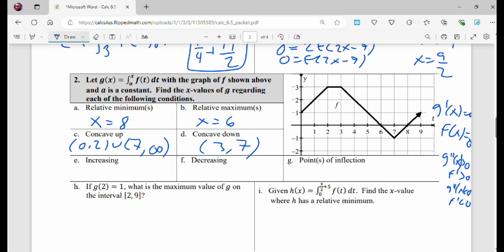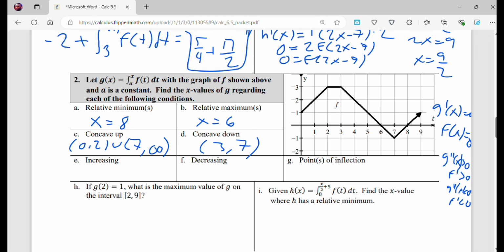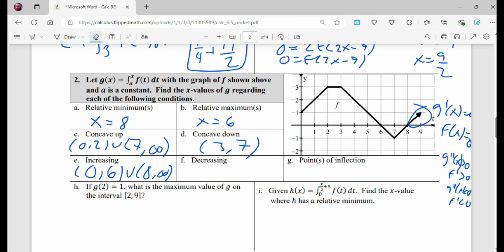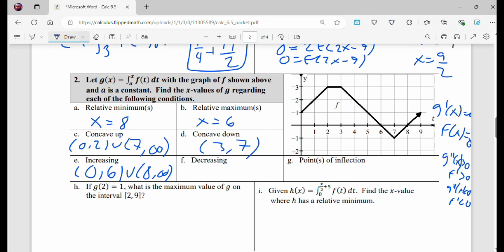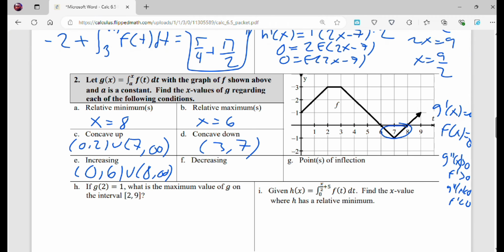Increasing, g prime is greater than 0, so f is greater than 0. f is greater than 0 right here and right here, so it's from 0 to 6 and 8 to infinity. When it's decreasing, that means that g prime is less than 0, which means f is less than 0. So that would be right here, from 6 to 8.